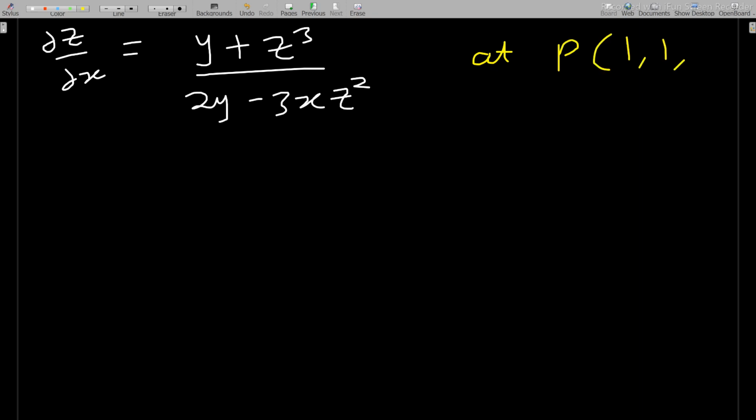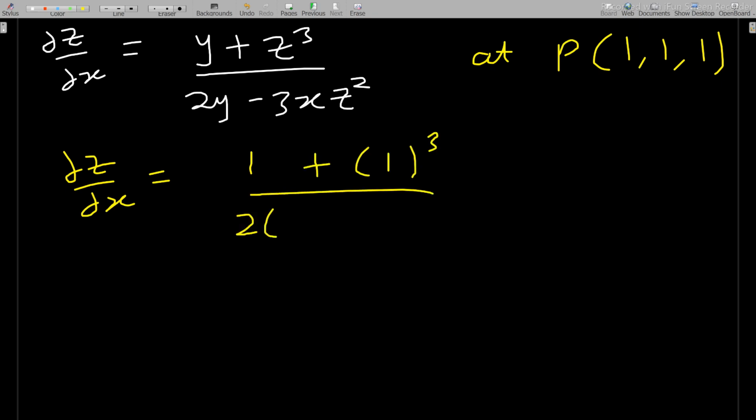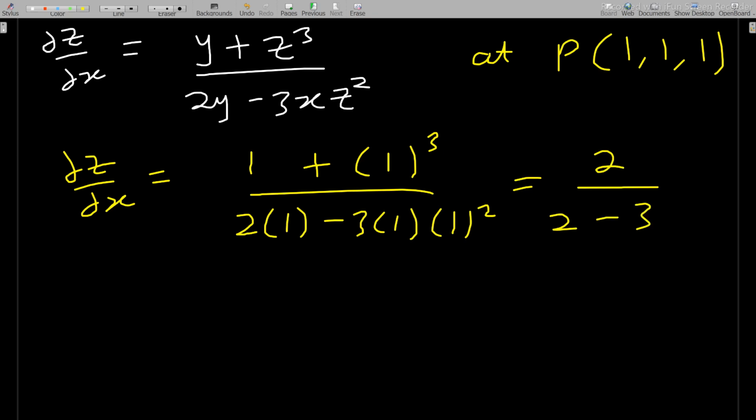Each of the variables is 1. So del z del x at this point will be equal to 1 plus 1 cube over 2 into 1 minus 3 into 1 times 1 squared, and this is equal to 2 over 2 minus 3, so this will give me negative 2. I hope you understand this. So this is the solution to the question that we were solving.